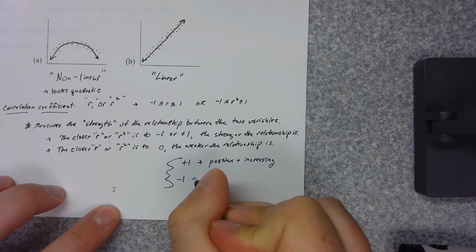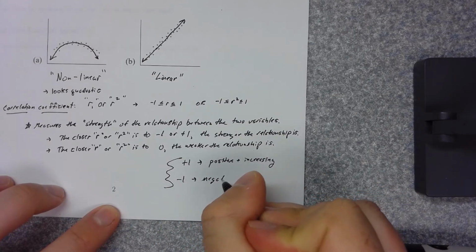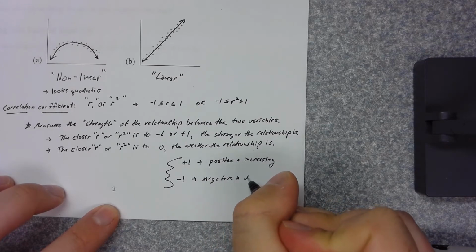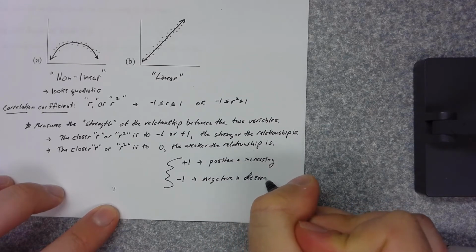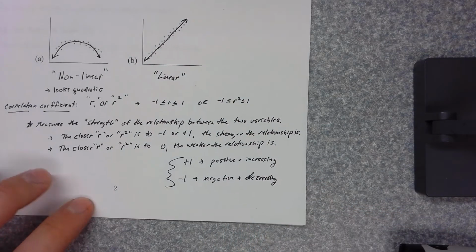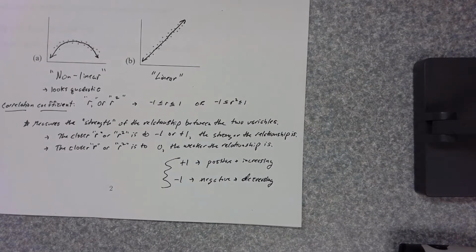Negative 1 means it's negative, which means it's decreasing. But regardless, the closer to 1, the stronger the relationship. The farther away from 1, or the closer to 0, the weaker the relationship.